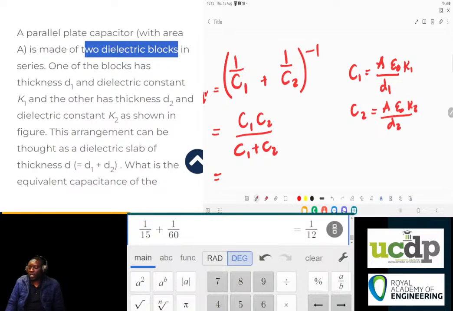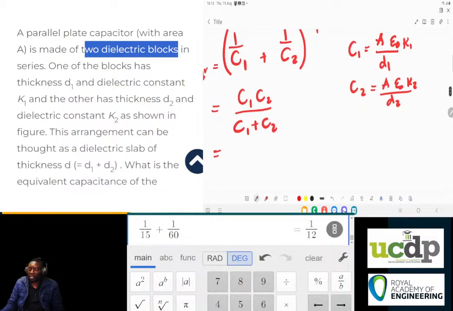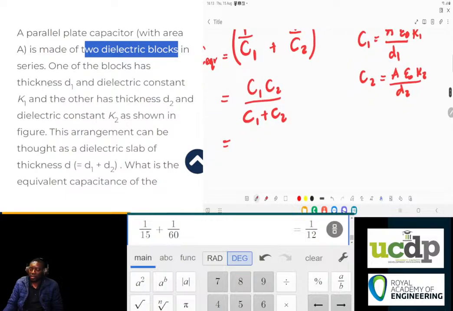So what is distinguishing between the two capacitances is the dielectrics and the distance of separation, or the thicknesses of the dielectrics. So with C1 and C2 having those values, we then substitute them into this expression.